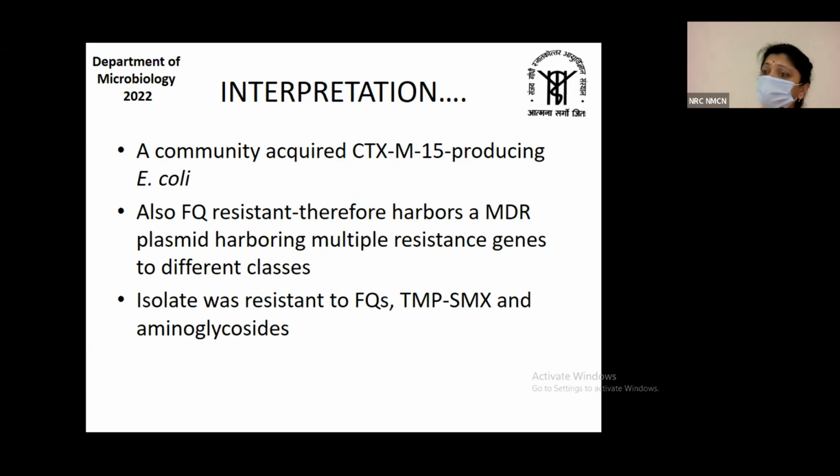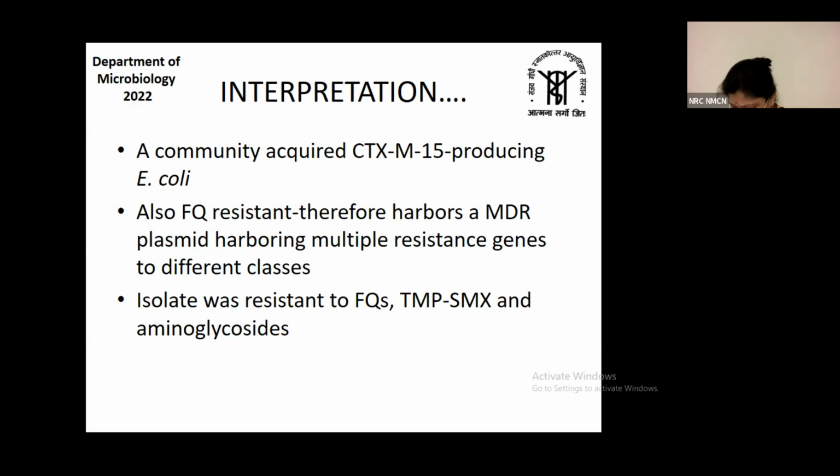It is harboring a multi-drug resistant plasmid which has multiple resistance genes to several classes of antibiotics. Why? MDRO means more than 3 classes of antibiotics have to be resistant. So beta-lactam is resistant, quinolone is resistant, 2 of the aminoglycosides are resistant, cotrimoxazole is resistant. So yes, definitely it is an MDR pathogen, right?